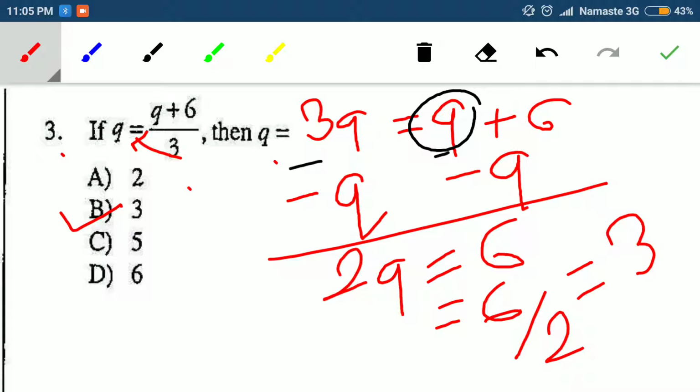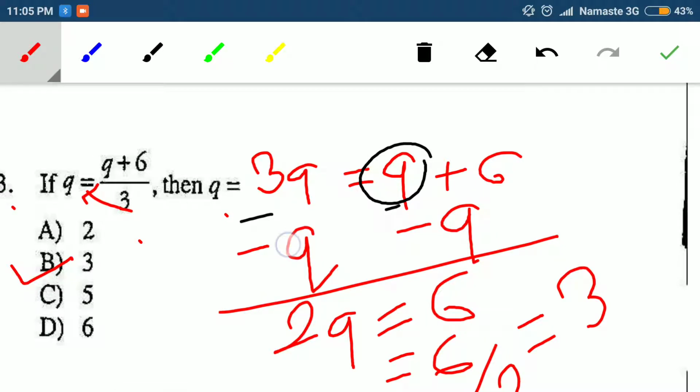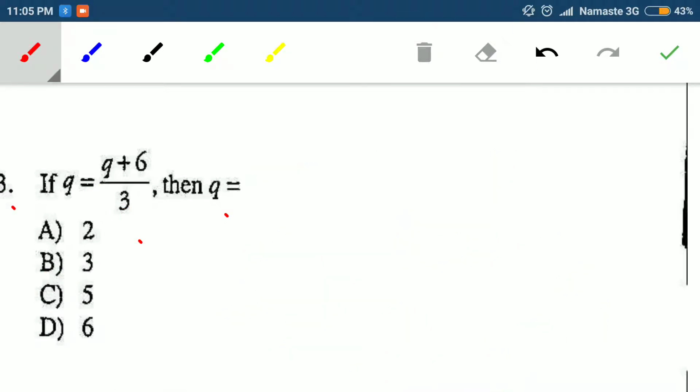For that purpose you will have other options, mostly used for your calculator section. We have the plugging in method. Let's carry out that operation. The plugging in method means you put the values from the given options into the given equation. For example, let's take option A, which is 2.